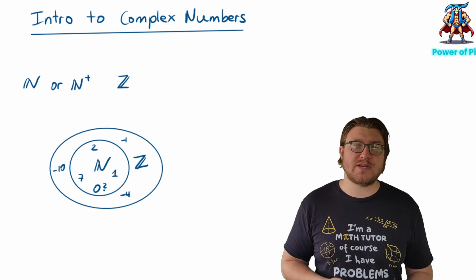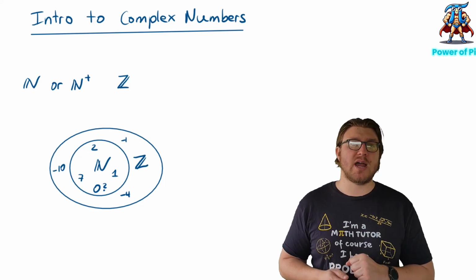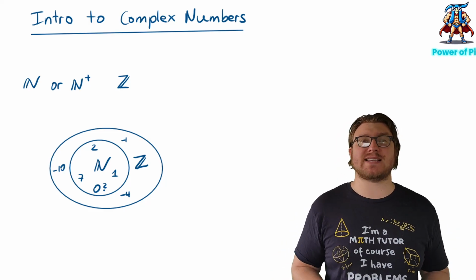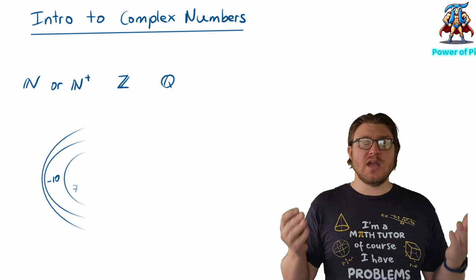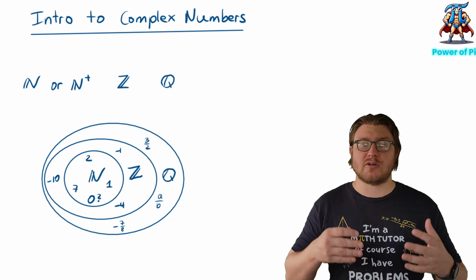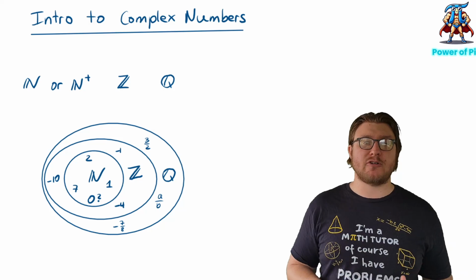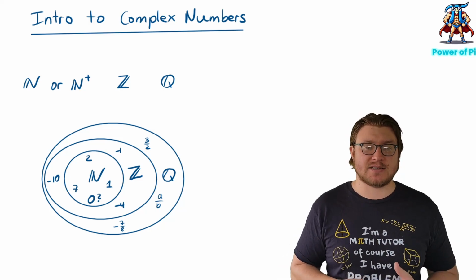So at some point, mathematicians said we need to include our fractions into our numbers because they actually represent something in reality. We call these numbers our rational numbers. The rational numbers have a Q with a line through it to represent their set.